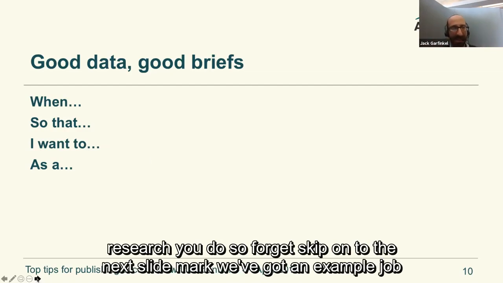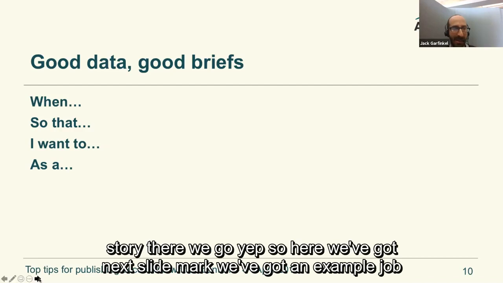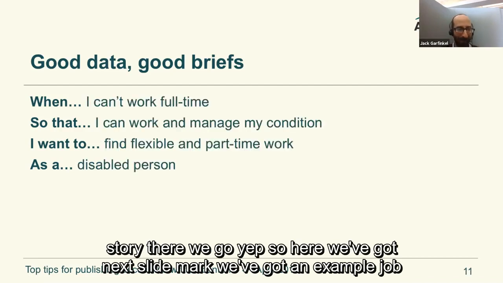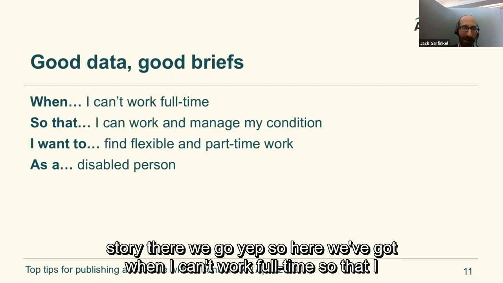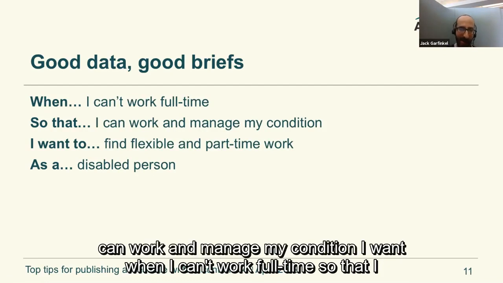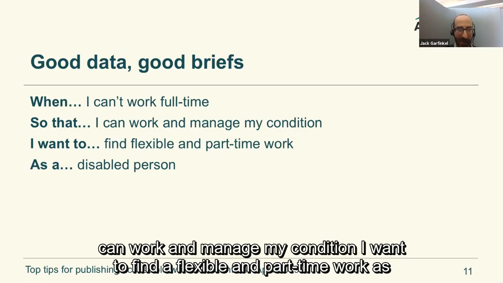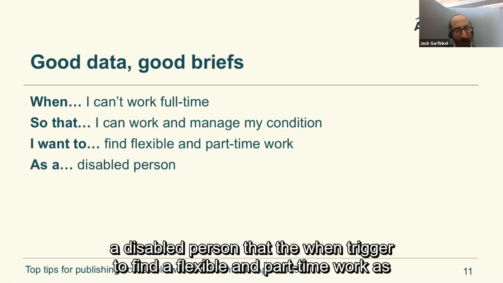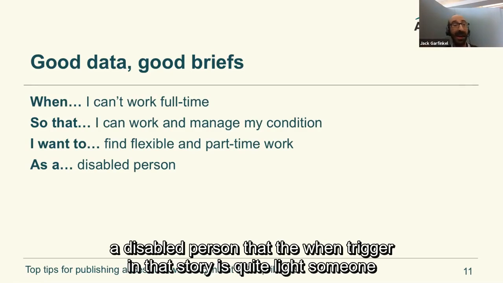So if we could skip on to the next slide, Mark, we've got an example job story. There we go. Yep. So here we've got: when I can't work full time so that I can work and manage my condition, I want to find flexible and part-time work as a disabled person. The "when" trigger in that story is quite light.